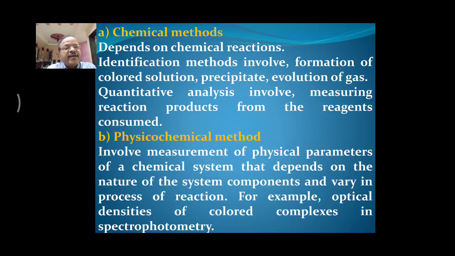So here we are getting the measurement of a physical parameter, that is optical density, which is a physical parameter of the chemical system. So there is a reaction between A and B, which is a chemical system that depends on the nature of the system components and varies in the process of reaction. So this is the physicochemical method, the second classification, the second category.